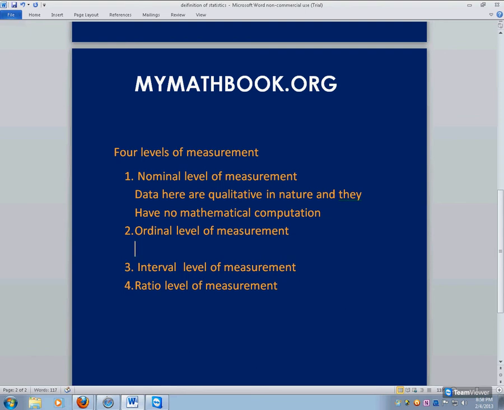When you get here, which is the ordinal level of measurement, they are both quantitative and qualitative in that the only quantitative part is being able to rank them or sort them in levels.